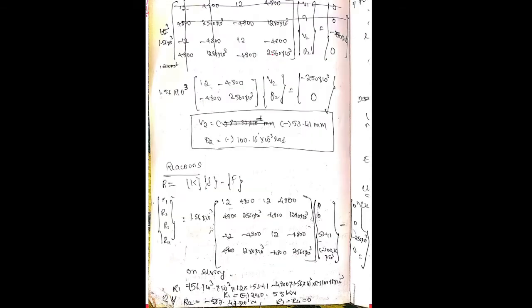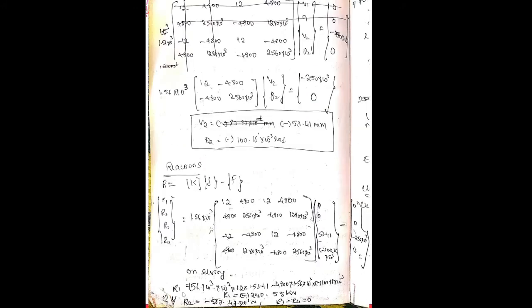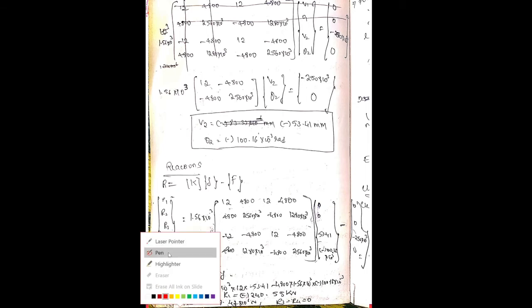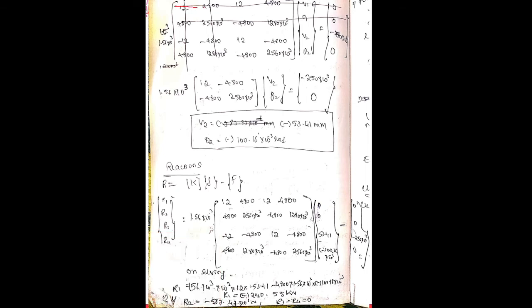Okay. So we are going to eliminate the first row, first column, then theta 1, that is the second row, second column. What terms are left? This much is left now.